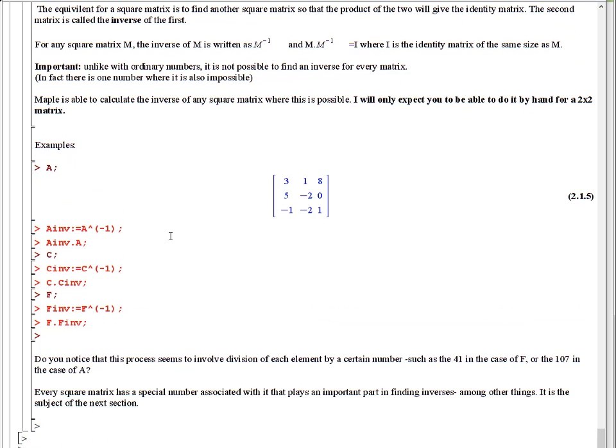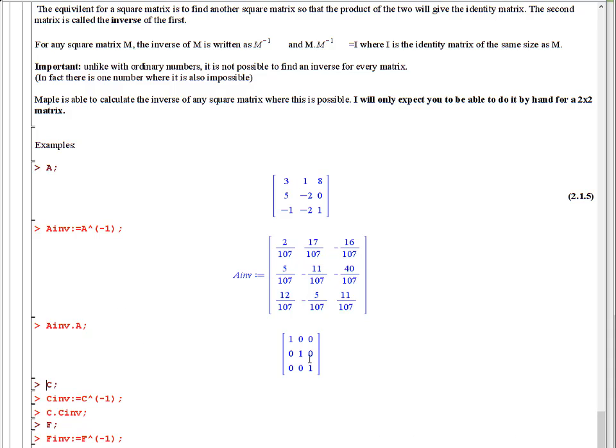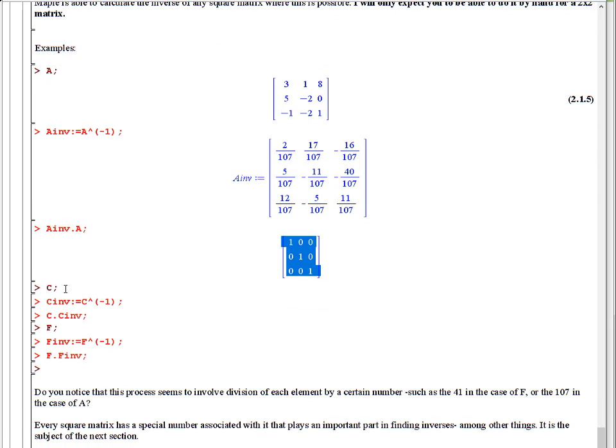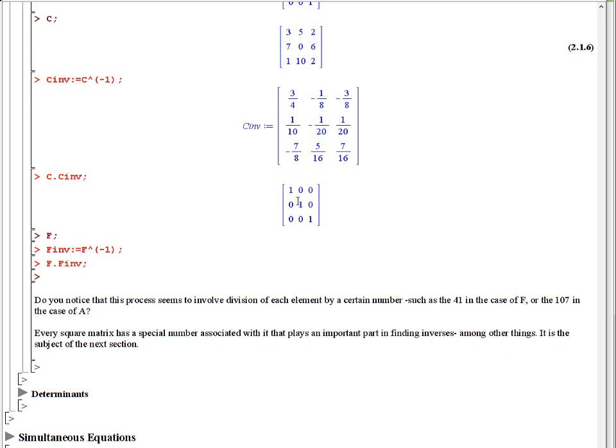Here's matrix A. This is how Maple calculates to the power minus 1, gives you the inverse. And just to check, if I multiply this by this, I get the identity matrix. So this is the correct inverse. This is matrix C. That's the inverse. If I multiply them, I get back to the identity.